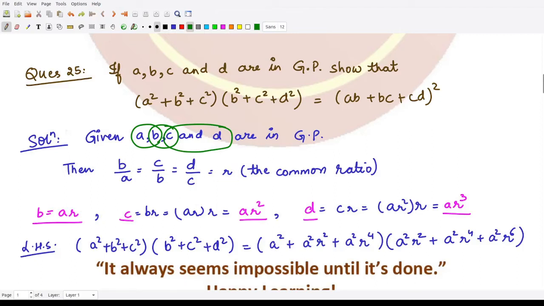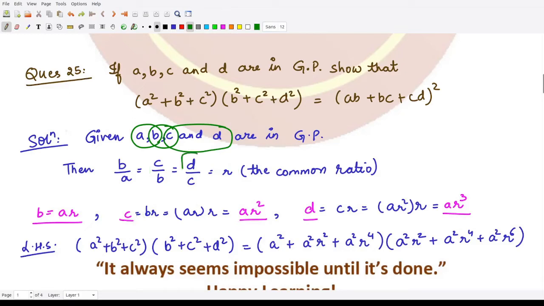So taking these two, we have B is equal to A times R, correct? Now taking this and this, we have C is equal to BR and the value of B we have as AR. So substituting it here, we have the value of C as equal to AR square, correct?